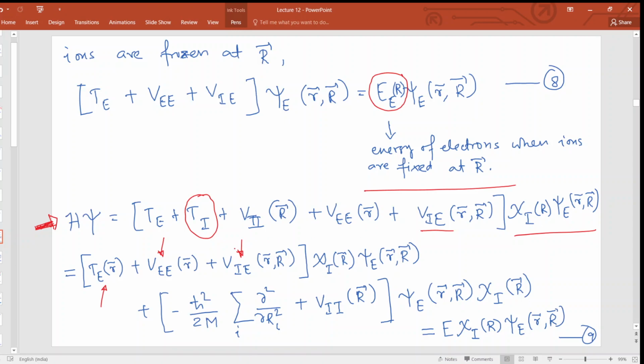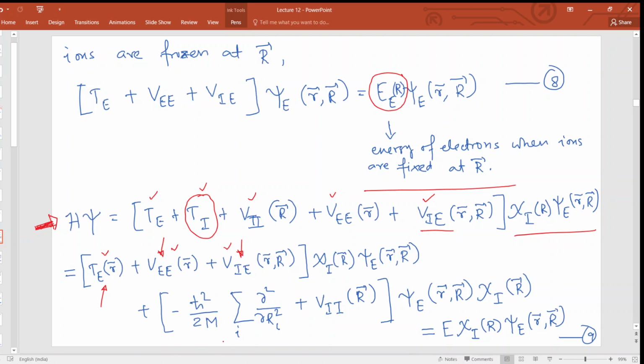Here again we can decouple this expression into a sum of two different terms. In the first part we have T_E plus V_EE plus V_IE. Within the first bracket we have three terms, T_E plus V_EE plus V_IE, so this takes care of the entire electronic part.